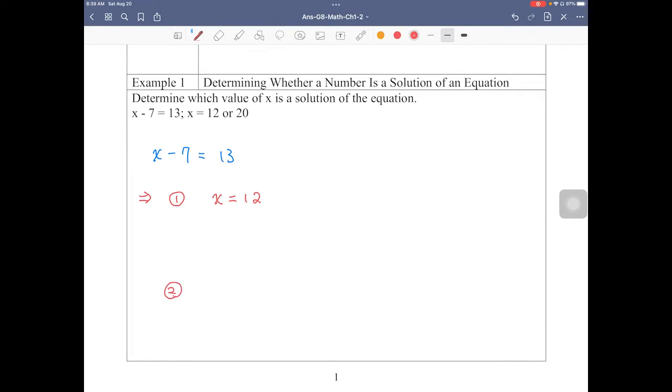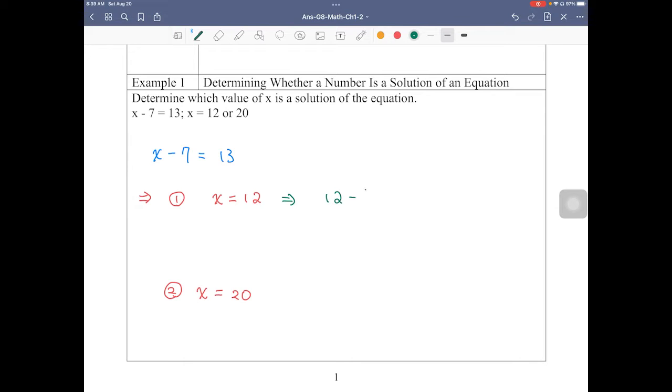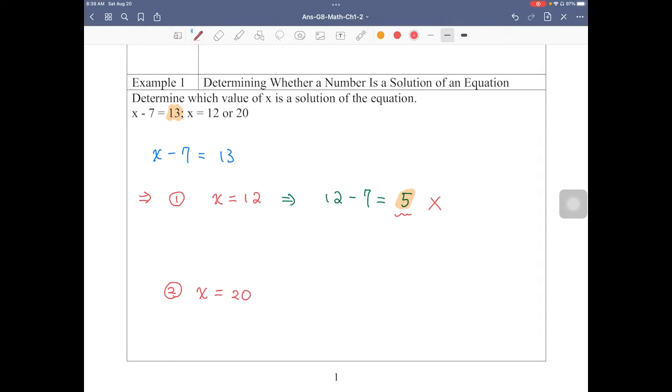Secondly, I test x equals 20. I substitute 12 into the equation: 12 minus 7 equals 5. So 5 does not equal 13, and this is not the solution because they are not the same.